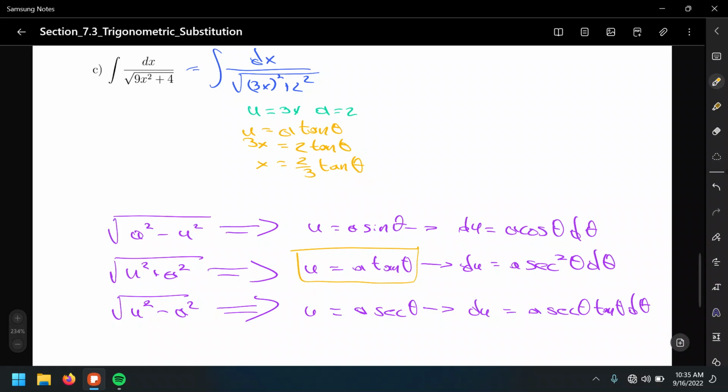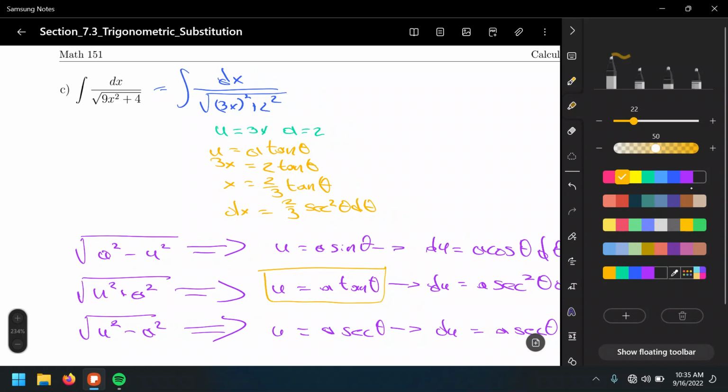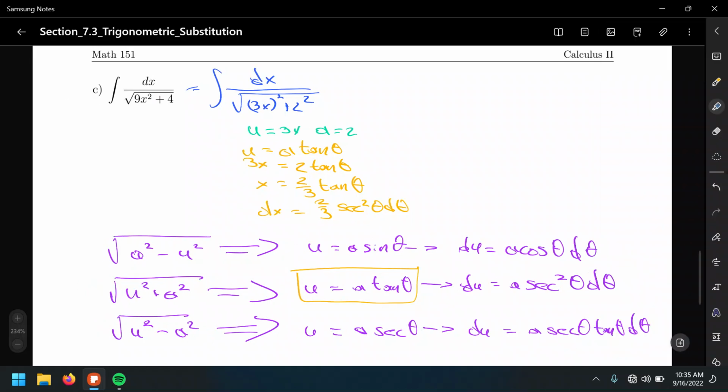So some of the portions of the substitution will be the same as the way we did it before. Then we do the dx, which is 2/3 secant squared theta d theta. All right, so we have everything that we need. So in this case, we will replace, check this out, the way the book wants you to do it, the 3x with 2 tangent theta.